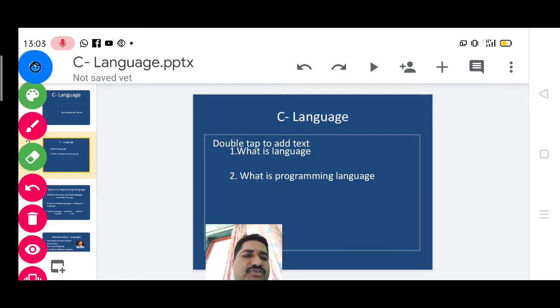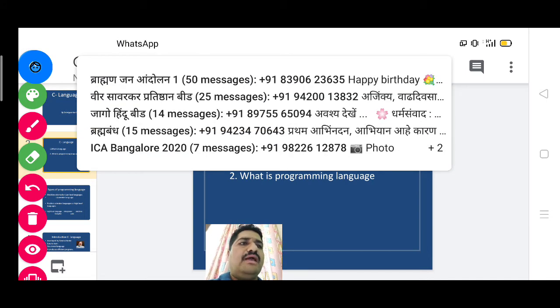what is a language? A language is a set of instructions, a set of strings, and a string is a sequence of characters. It is used to describe the process in day-to-day life. The languages used by us are natural languages, like Hindi, Marathi, English.